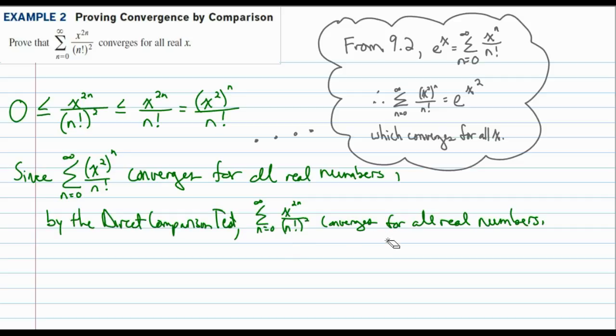Basically, we've laid out that our series is always positive and it's less than this convergent series. So this convergent series sandwiches our series between 0 and it.